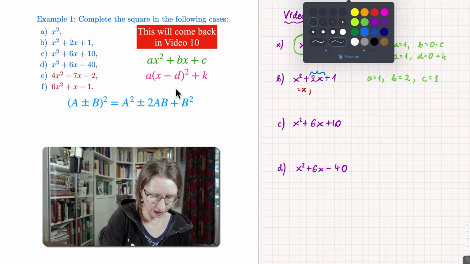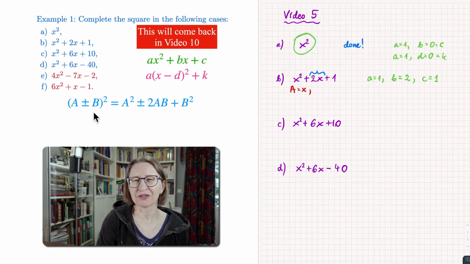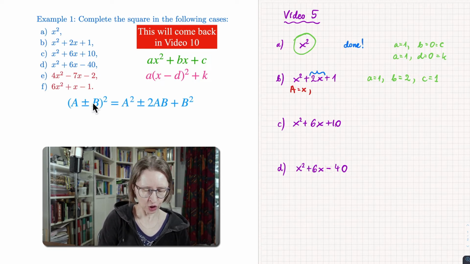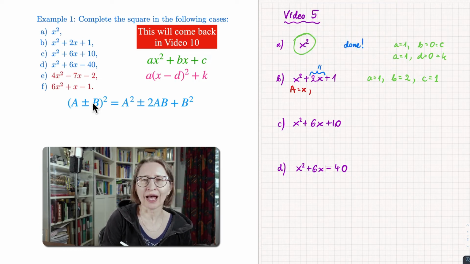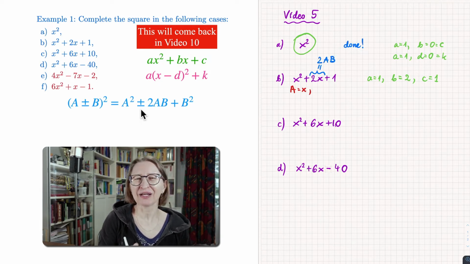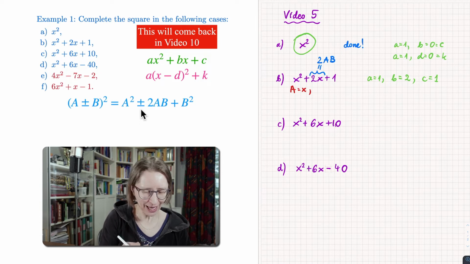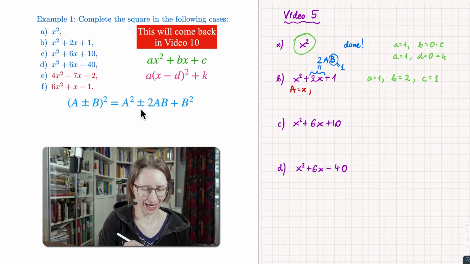So we want 2x to be equal to 2AB. It is a mistake. It should be large A, because now I need to use this formula, with capital A and capital B. So this expression here, 2x, should be my 2AB. But large A is equal to x. So my B must be equal to 1, right?